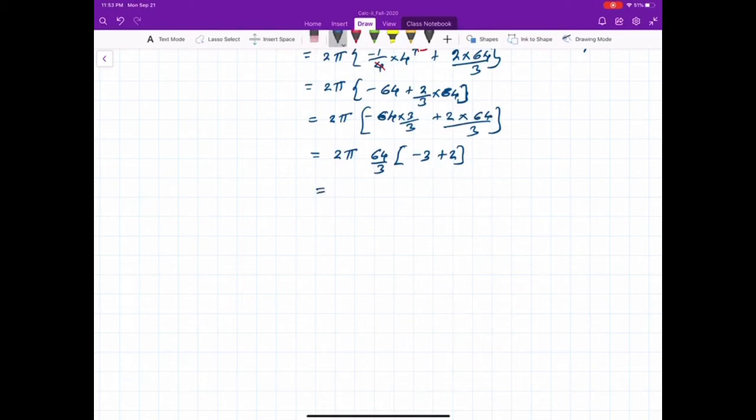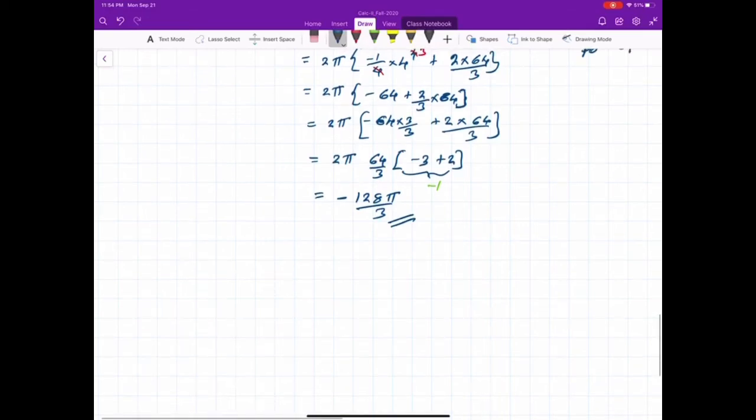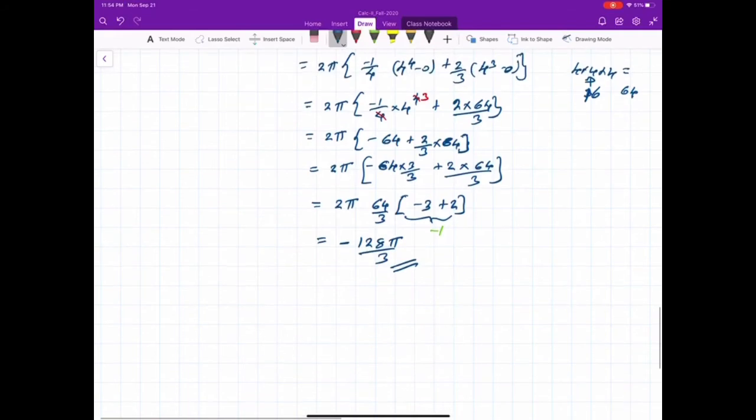So this equals 64 times 2 is 128 pi over 3, and the simplification of that one should be minus 1. So I put minus 128 pi over 3. I made a small mistake. Let me check it. Give me a second until I check.